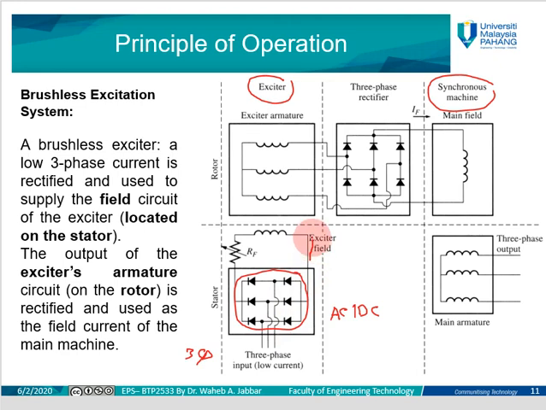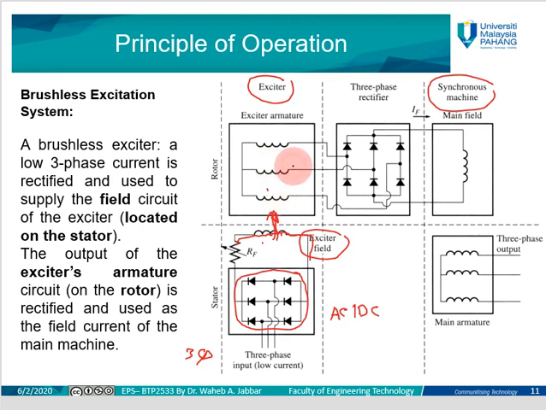This DC current will go to the excitation of the field winding. This is the field winding excitation. Okay, so this field winding here will generate magnetic flux. This magnetic flux will go to the fixed part of the exciter, and this one is the rotating part of the exciter. For that, the rotating part of the exciter will receive the magnetic flux.